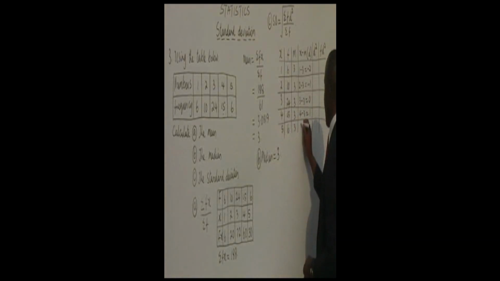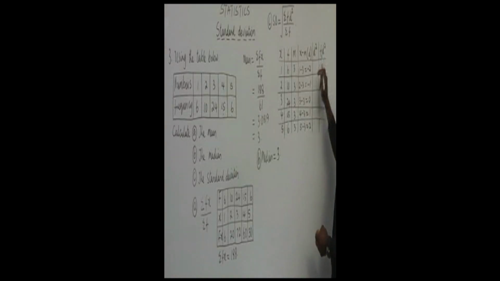In this case, 5 minus 3, which will give us 2. Now, d squared: minus 2 times minus 2 will give you plus 4. Minus 1 times minus 1 will give you 1. 0 times 0 is 0. 1 times 1 is 1. 2 times 2 is plus 4.